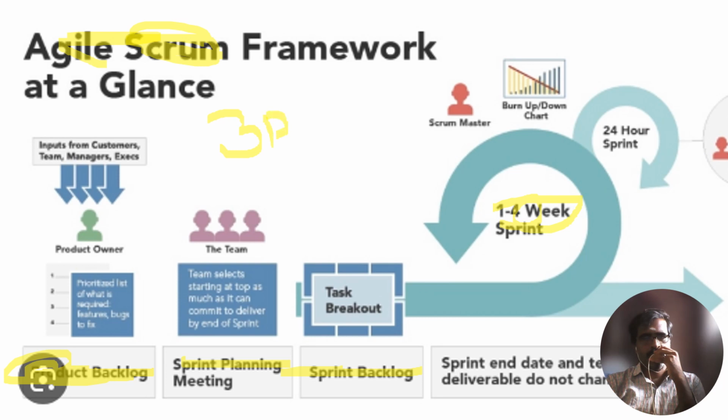SAFe has different roles, like the release train manager and so on. The product owner represents the customer and is responsible and accountable for the requirements, managing the product backlog, and prioritizing the items in the backlog. In the last chapter I told you we need to prioritize the items.